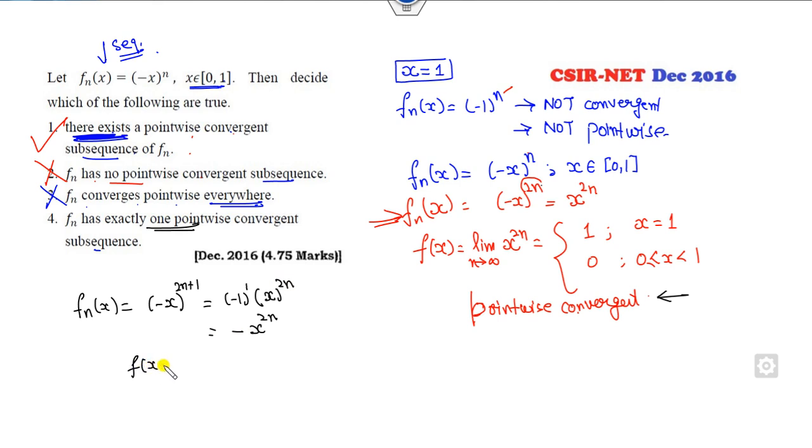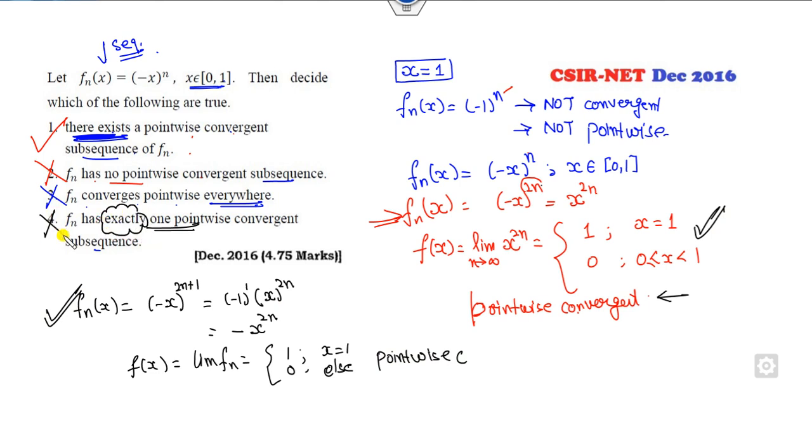If you again find the limit of this, it again goes to the same pointwise limit, which is pointwise convergent. So there is one subsequence here and one subsequence here, both are pointwise convergent, but he said exactly one. So that's a wrong option. So the correct option is only A.